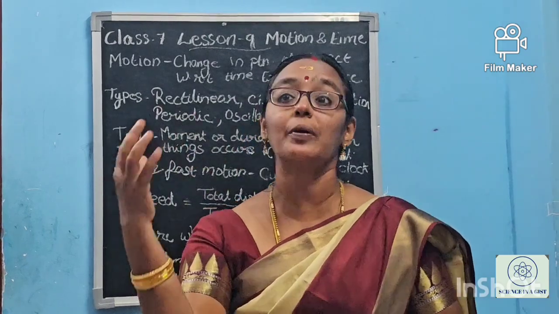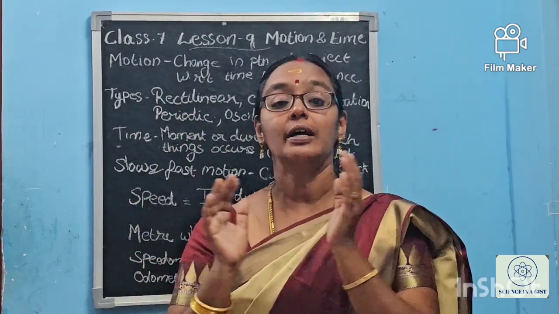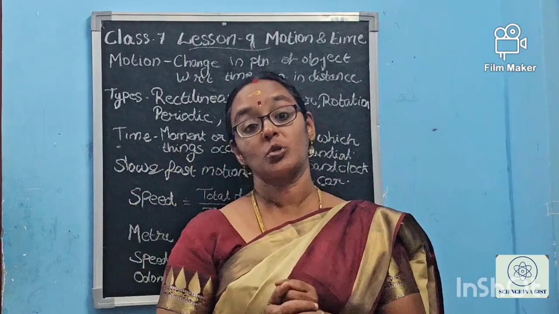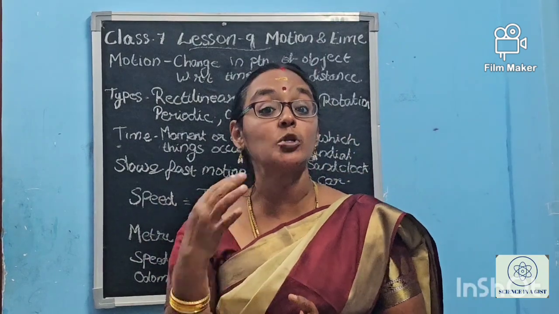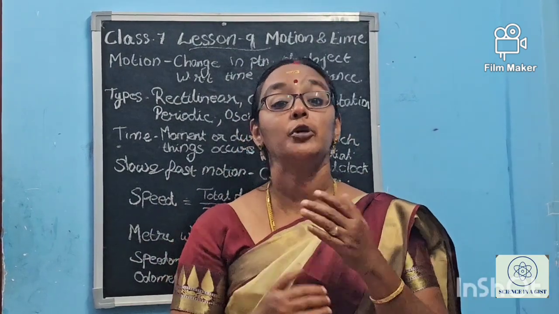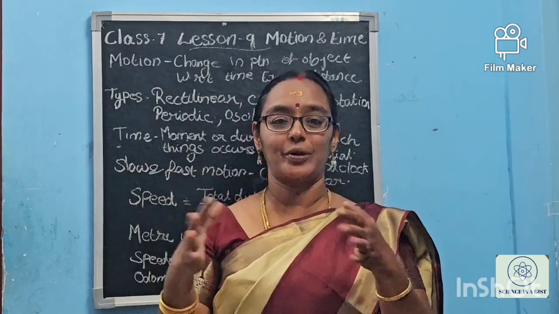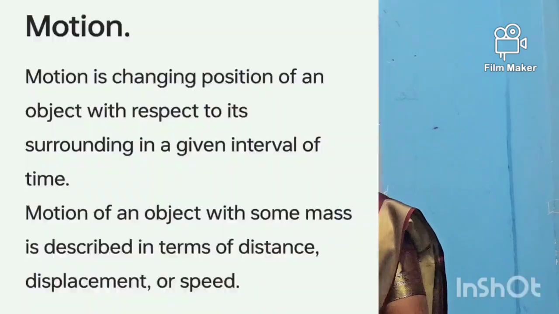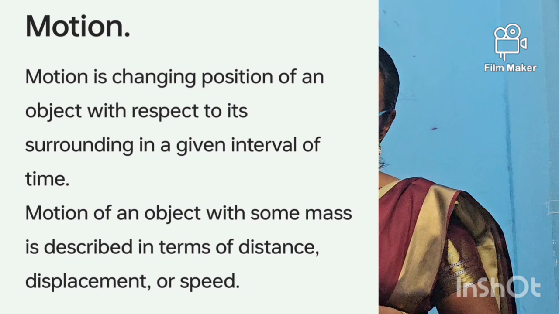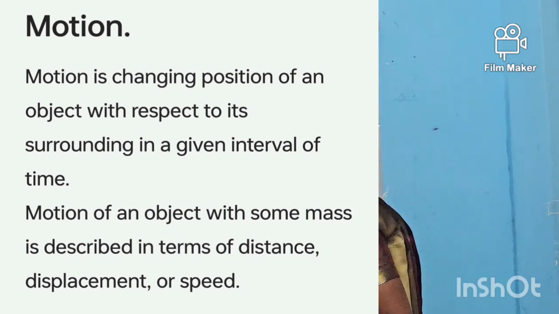Whenever you see the tree, it is not moving or changing its position. So we say that the tree is at rest. But in your case, you are constantly moving, right? Because you are changing position with respect to time. So we say it is motion.